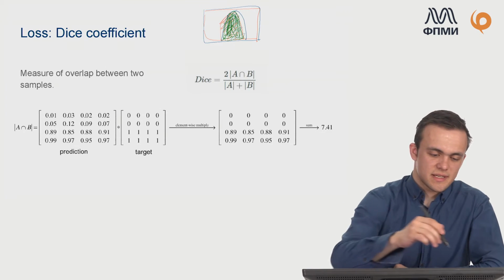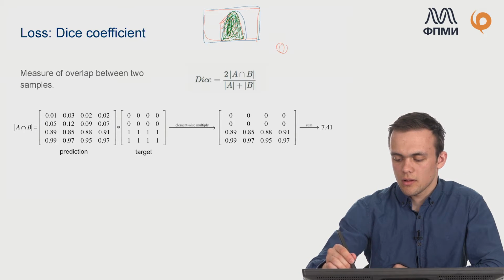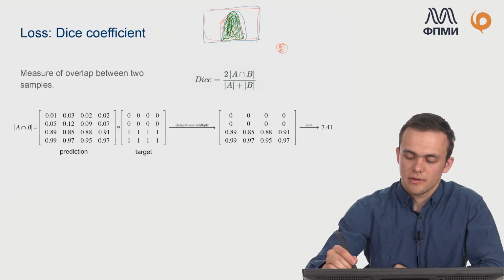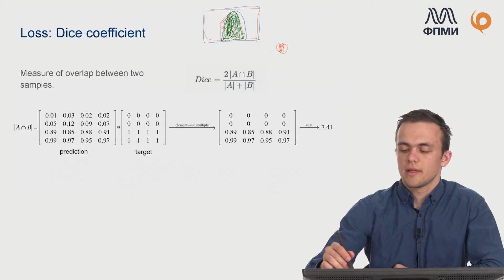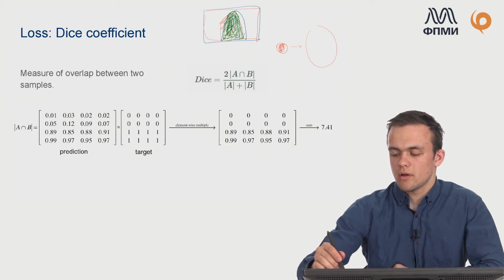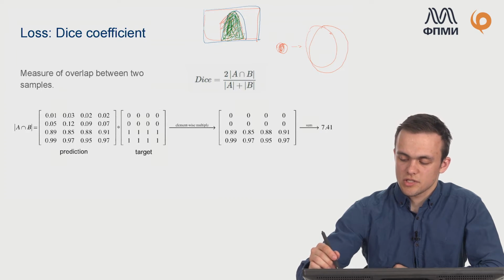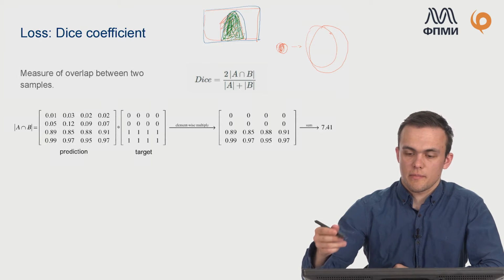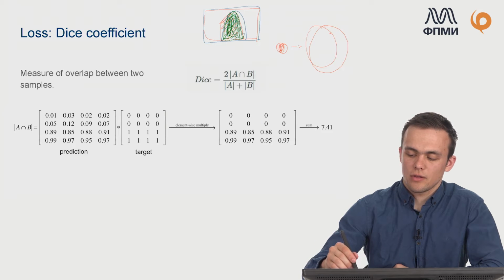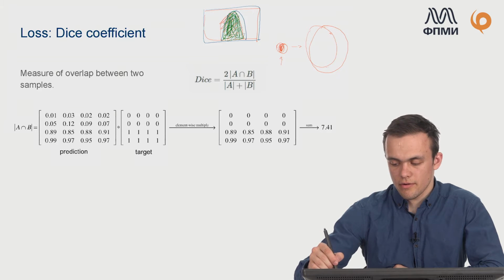So what it denotes is, if you have only small objects and they are overlapping a lot, it will be the same value as if you have two big objects and they are overlapping a lot too. But if we use the previous loss, this value from here will be smaller than the value from here.